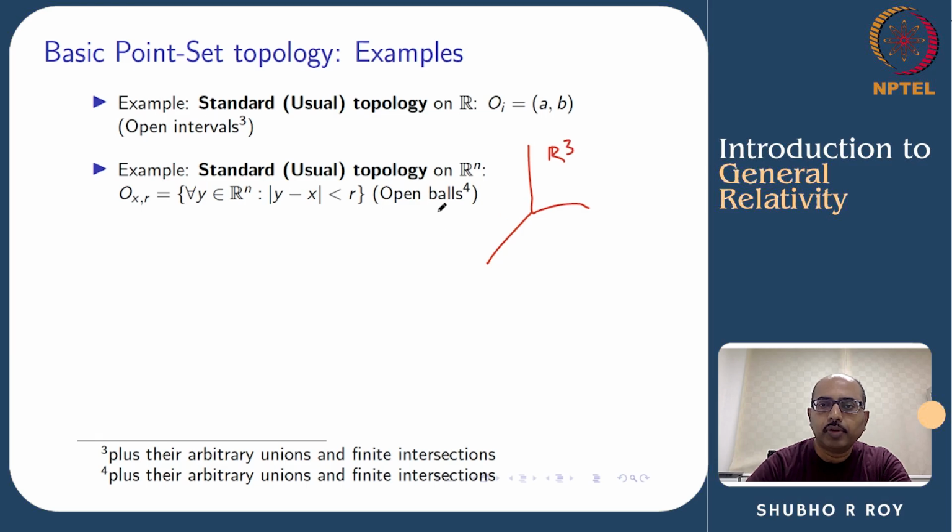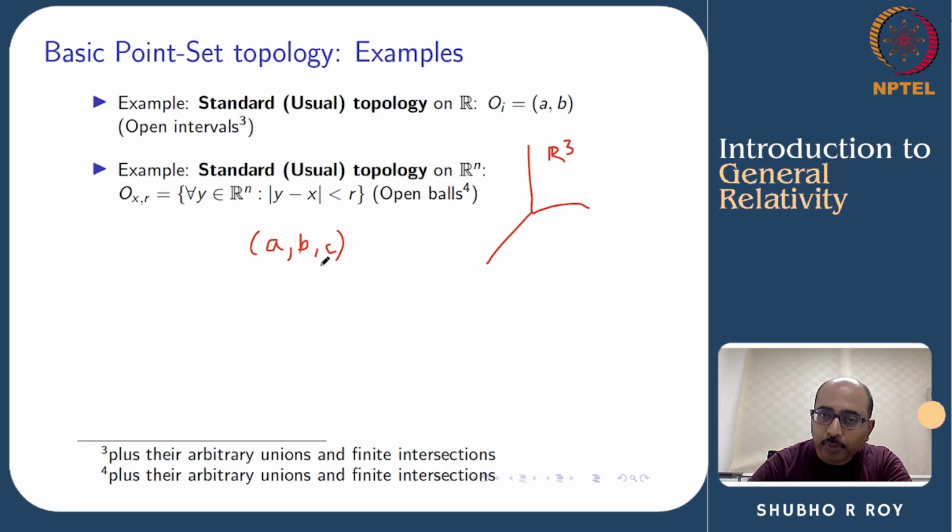And then how do we give R3 a topology? You can think of R3 as a set which contains such triples of real numbers: 3 numbers a, b, c. The collection of all such triplets which have real-valued a, b, c can be thought of as R3.